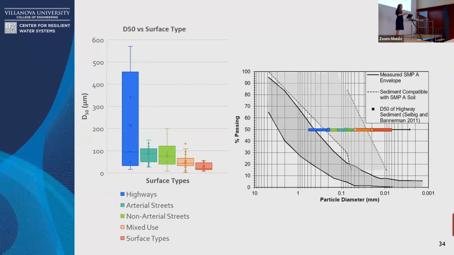So if you're designing for different types of drainage areas, you might actually need to change the soil media that you're thinking about. And now we're very interested in the amount of stormwater coming off of the surface. That's what we've been thinking a lot about in the United States. However, if your media clogs, even if you're interested in other factors, it's still going to change the function of your system.